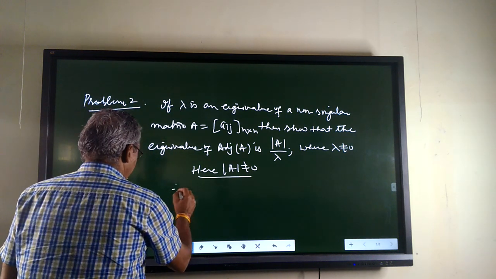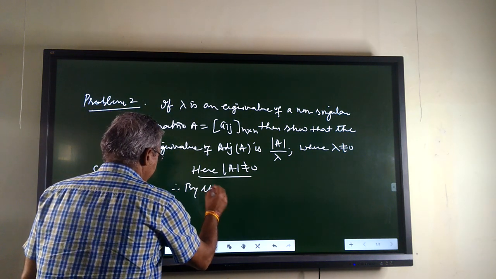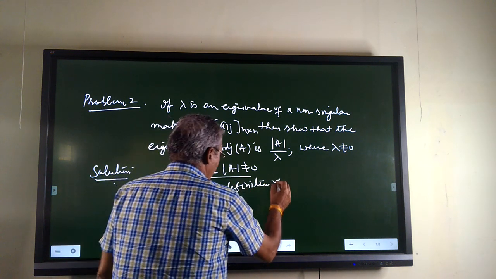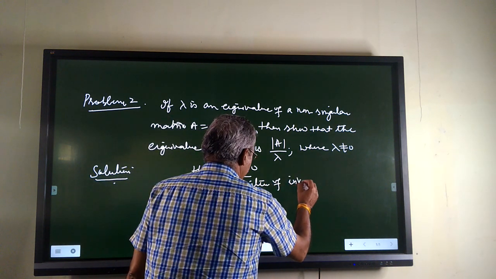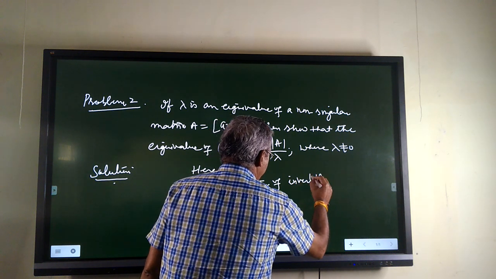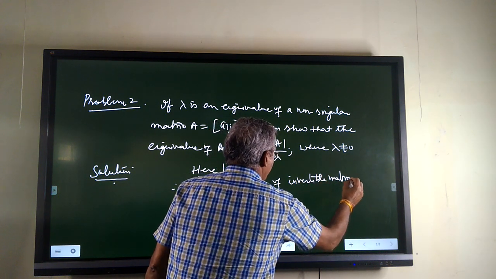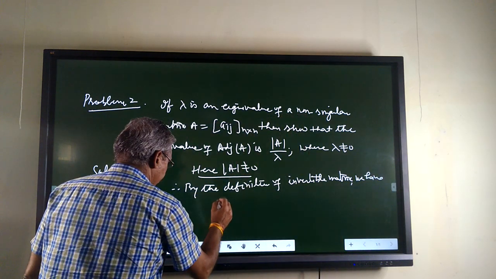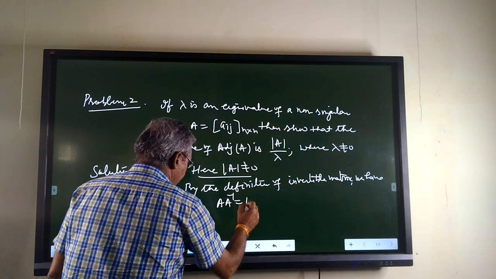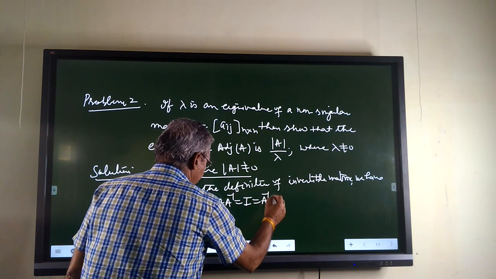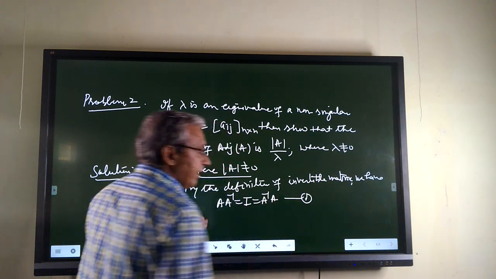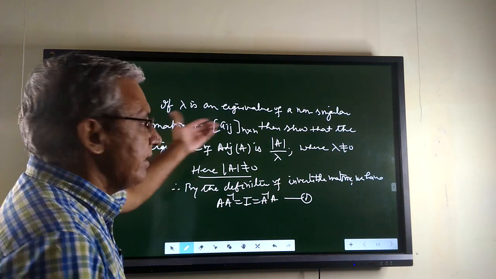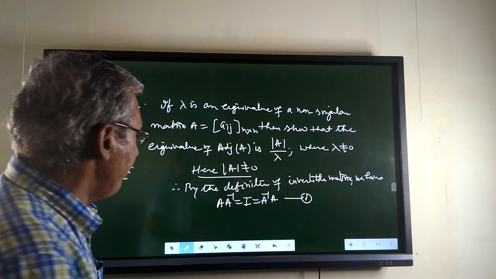So therefore by the definition of invertible matrix we have A inverse A equal to I equal to A A inverse, where I is a unit matrix of order n by n, because here A is a square matrix of order n by n.